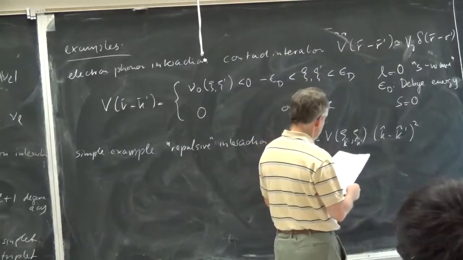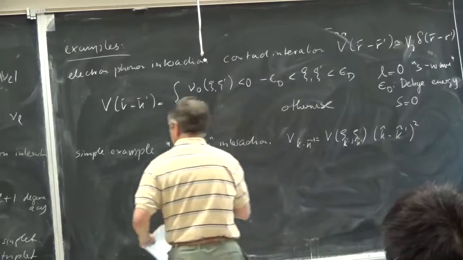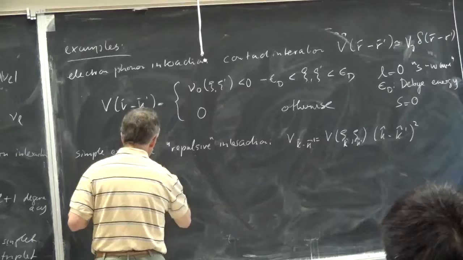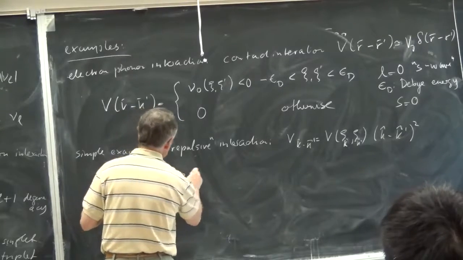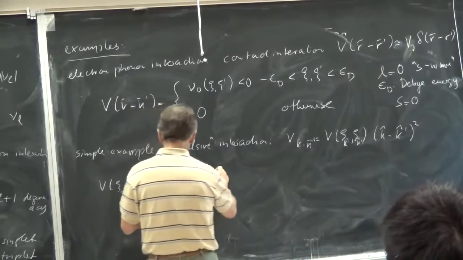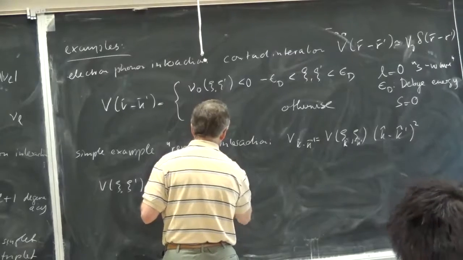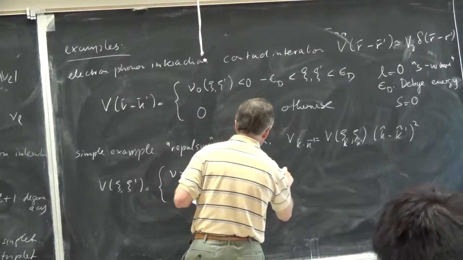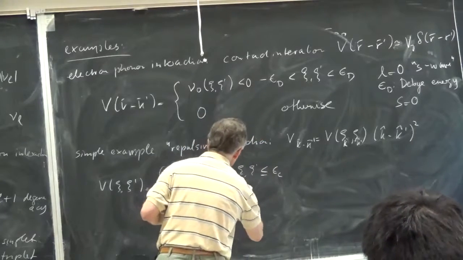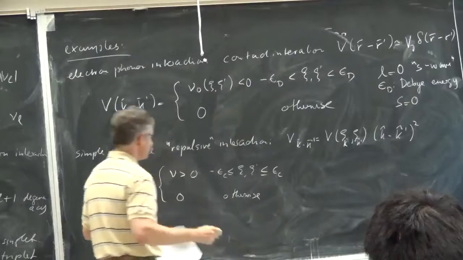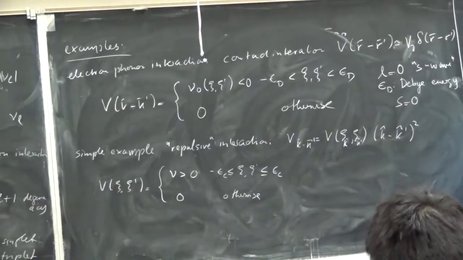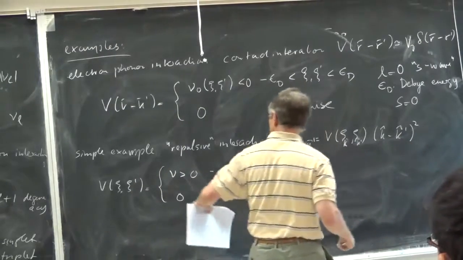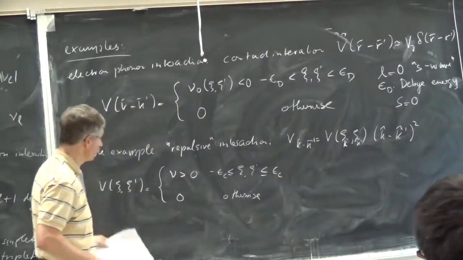Now, V of psi prime is written as nu being larger than 0, or 0 if we are within the cutoff or otherwise. So we have a purely repulsive interaction here. This is positive, the prefactor here is positive.